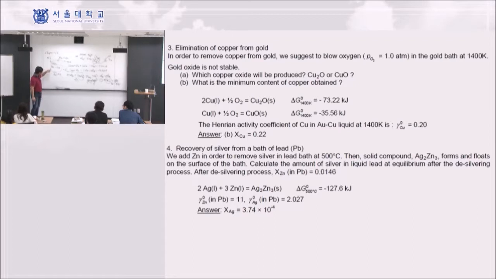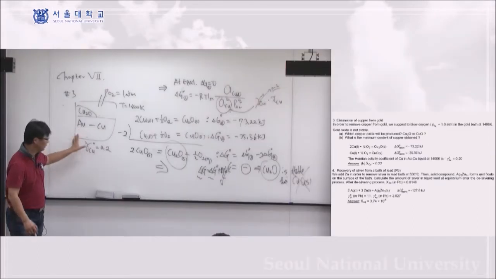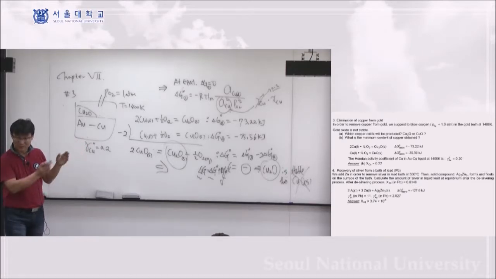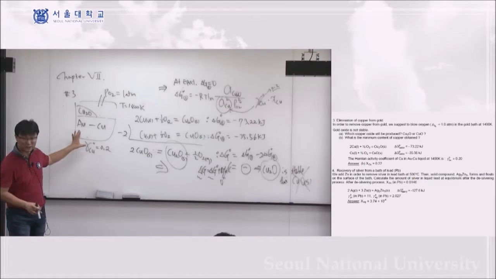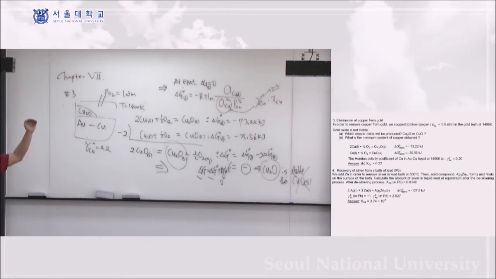So for Ag and Cu, the Henry activity coefficient is 0.2. It means Ag and Cu like each other. It's lower than 1, so the interaction between Ag and Cu is negative. They attract each other. That's why your activity coefficient is lower than 1. So if I intentionally add something which makes this Henry activity coefficient go up, that will be very good.